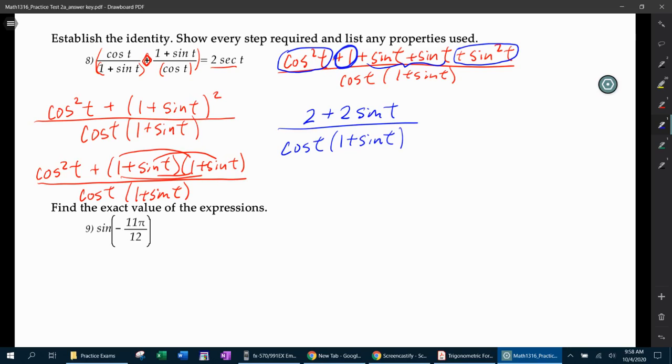Now, what identity did I use from this step to this step? I used a Pythagorean identity. So where it says to list any properties used, you would want to list Pythagorean identity. We used a Pythagorean identity there. Next step, from the numerator, I'm going to factor out a 2.